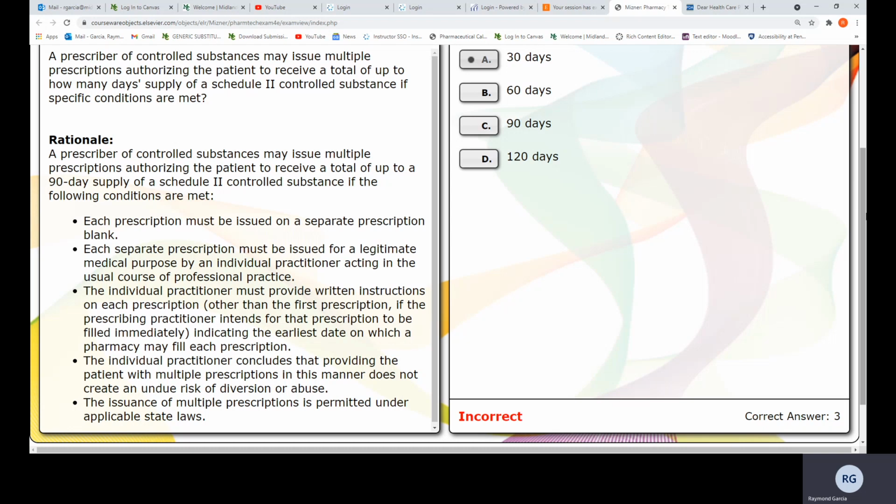The individual practitioner concludes that providing the patient with multiple prescriptions in this manner does not create an undue risk of diversion or abuse. And finally, the issuance of multiple prescriptions is permitted under applicable state laws. But for the most part, it's good. You can get a 90-day supply of Schedule 2.